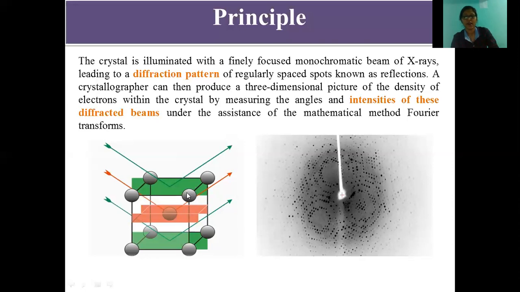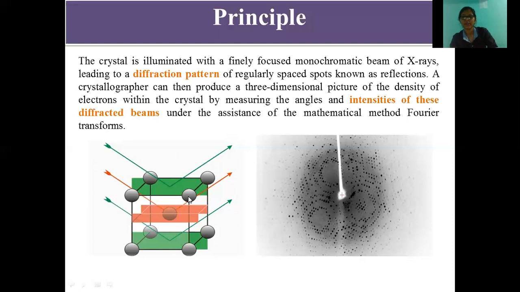If there is a higher density of electrons in the orbital shells of an atom, then you will get a more intense, darker band. And if there are fewer electrons in the orbital shell of the atom present in the protein crystal, then you will get a smaller and lighter band.